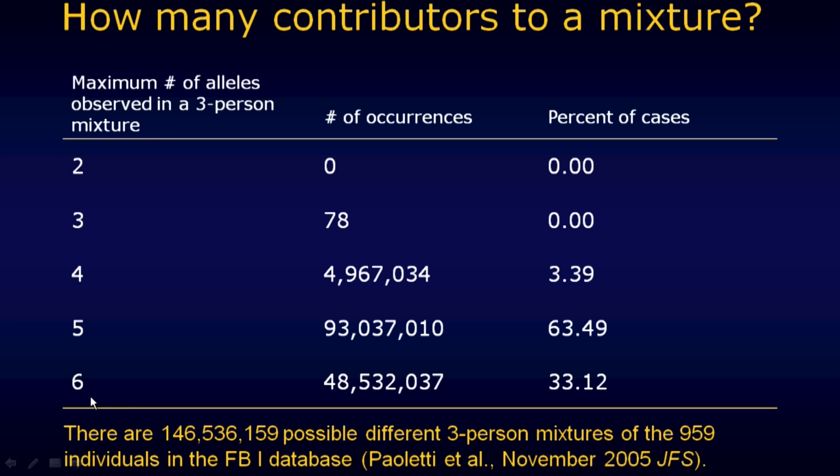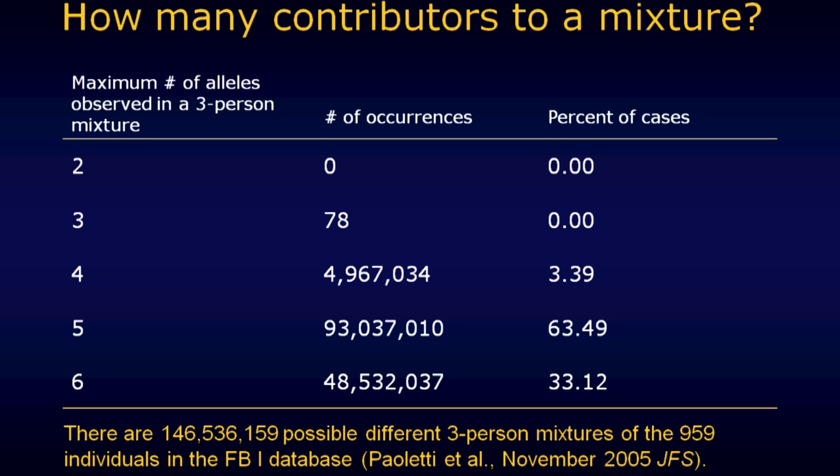And perhaps not too surprisingly, what we found is that for almost 50 million, about a third of these known three-person mixtures, there was at least one locus where 6 alleles were detected. Let's take a step back, right? Let's simplify this a little bit here. That's not too surprising because we know that an individual can often contribute 2 alleles to a mixture.